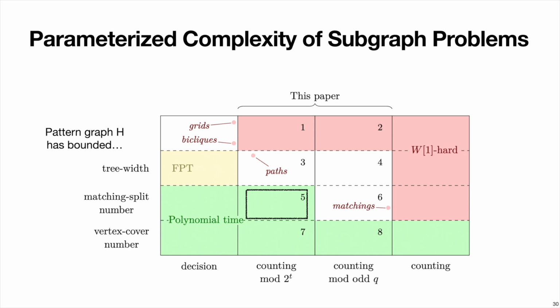And finally, we've seen the algorithm, which is a polynomial time algorithm for counting modulo 2 to the t subgraph patterns that have bounded matching split number. This leaves 4 areas open. On the top left, of course, we have the big open problem of determining the W[1]-hardness of all subgraph problems when the pattern graph H has unbounded tree width. And these 3 areas we conjecture to be W[1]-hard.